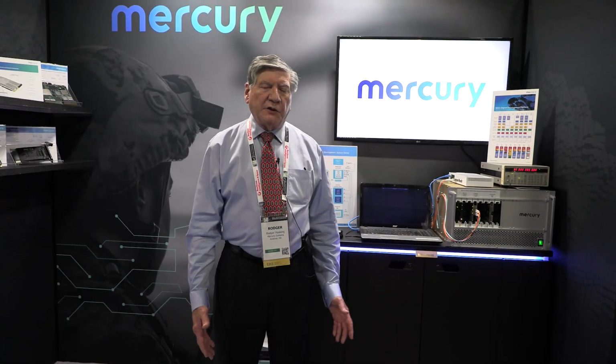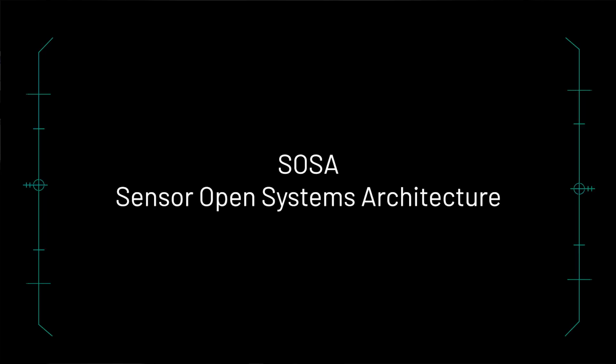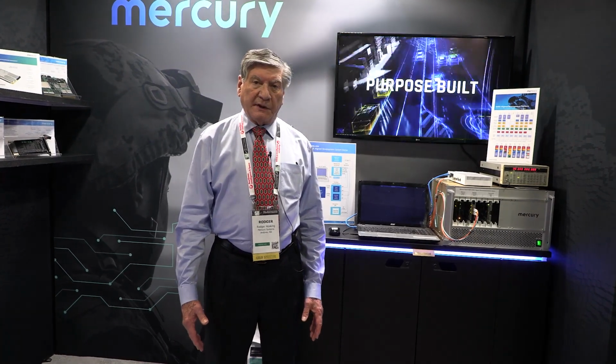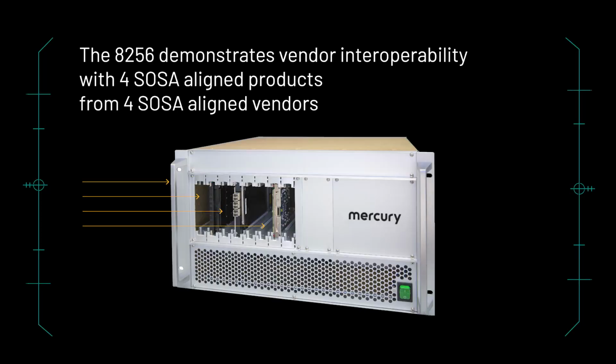Today I'd like to show you a little bit more about the Model 8256 SOSA development platform. SOSA stands for Sensor Open System Architecture, and the hallmark of SOSA is vendor interoperability. So here we have 4 different SOSA-aligned products from 4 different vendors.